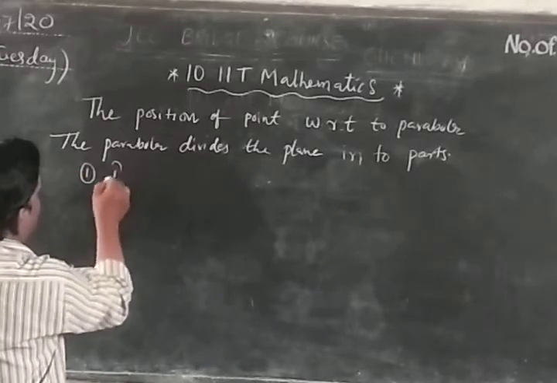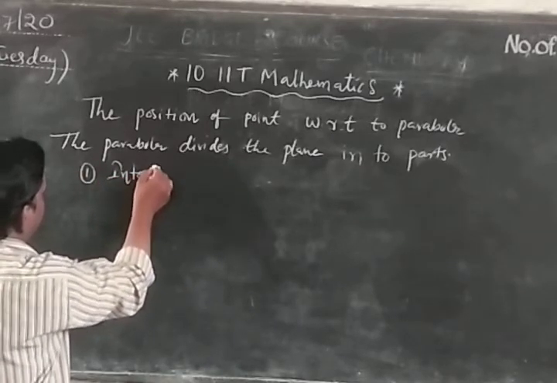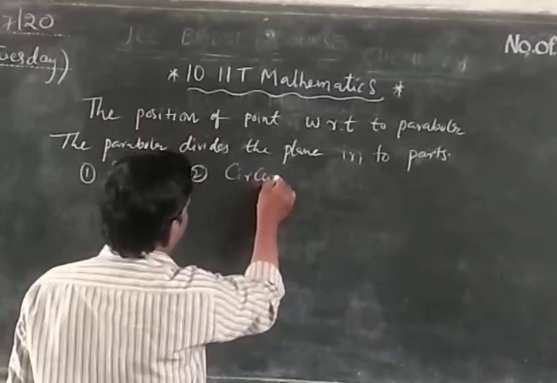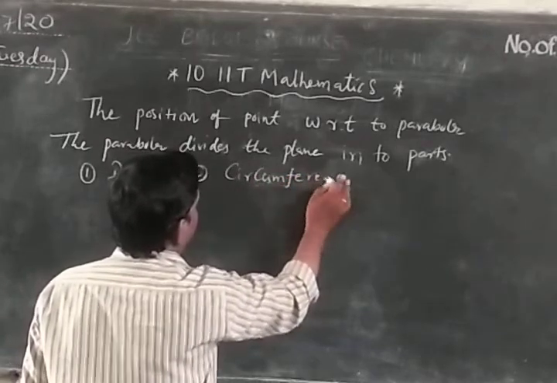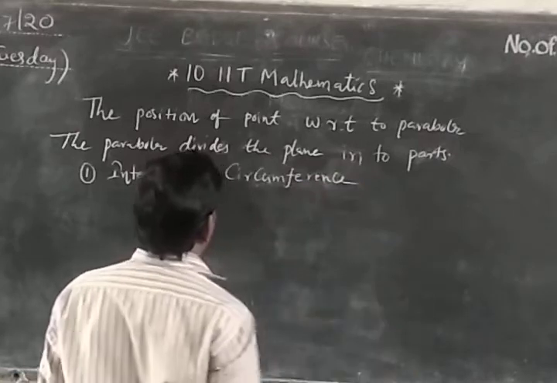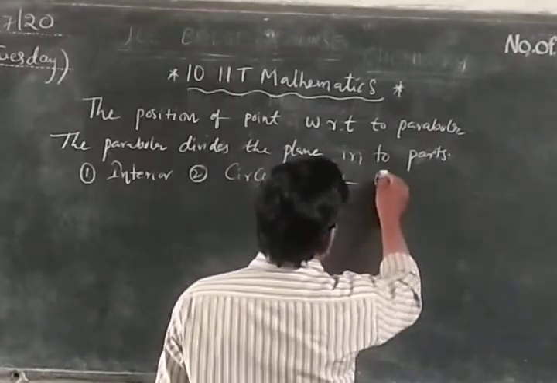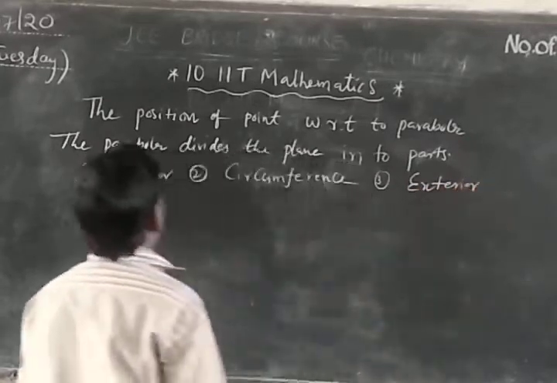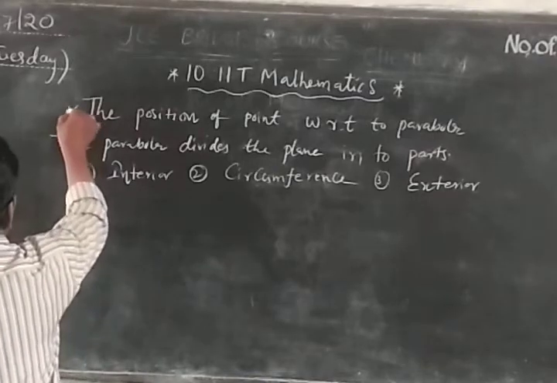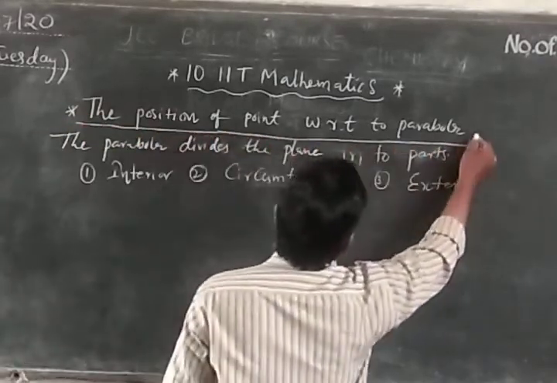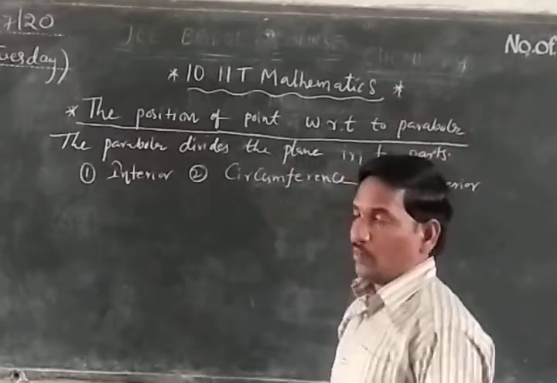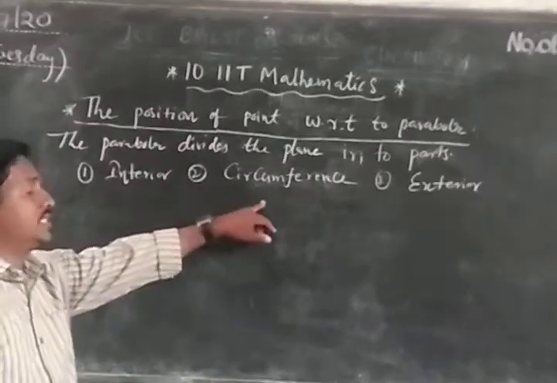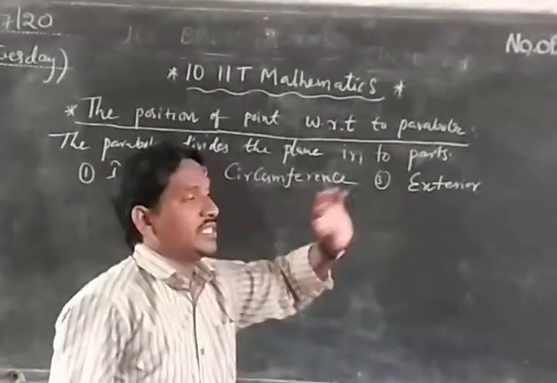One is interior, second one is circumference, and third one is exterior. The position of the point with respect to the parabola: the parabola divides the plane into three parts, that is interior, circumference, and exterior.